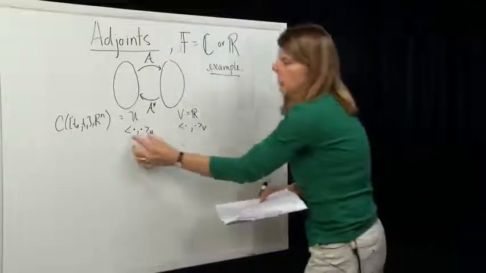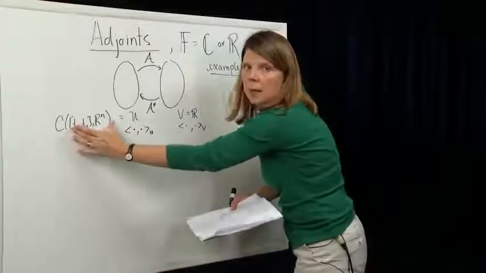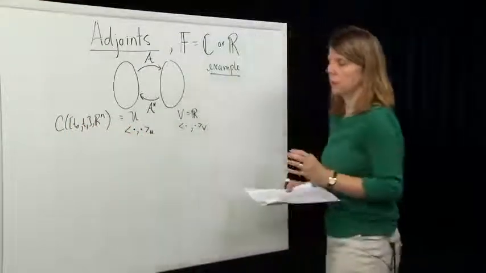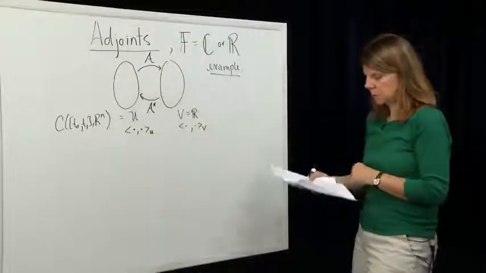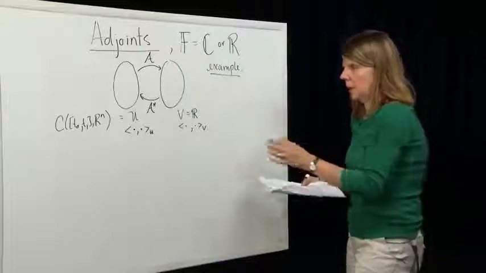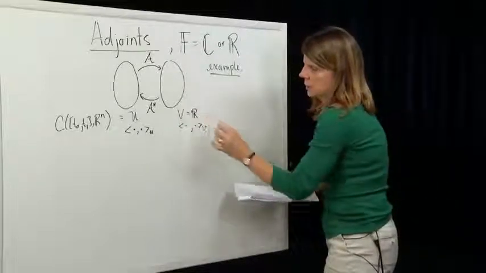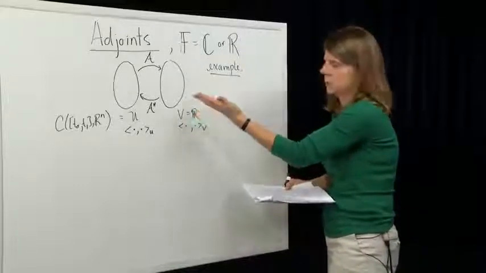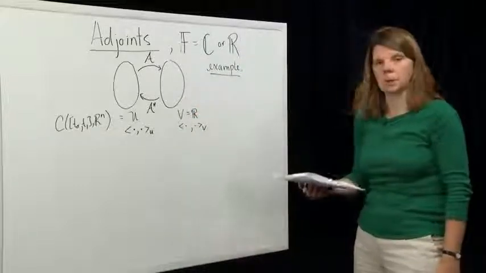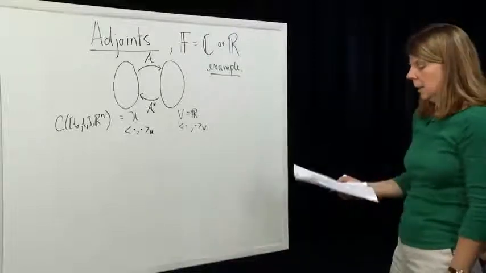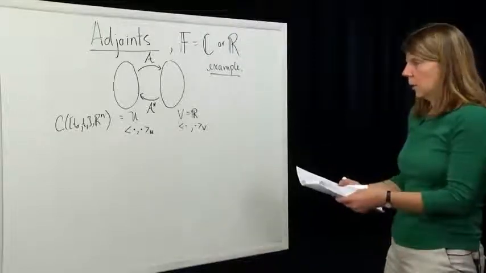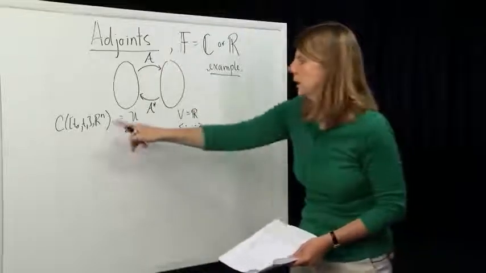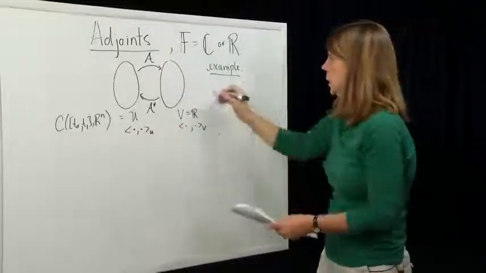Okay, so when we talk about the inner product in that function space, we're using the standard definition of the inner product in that function space. And when we talk about the inner product in V, it's just going to be the dot product between two elements in V, which in this case, we're just going to be multiplying them together. And we have to now define what this map A is. So A is taking functions to real numbers.